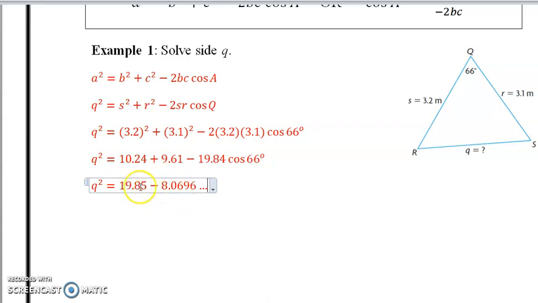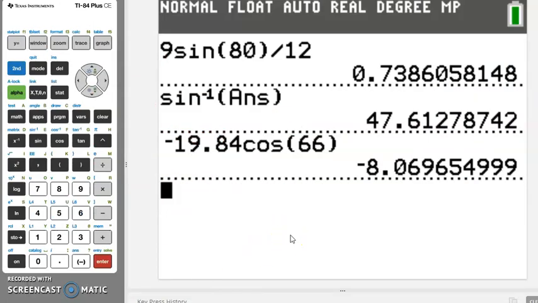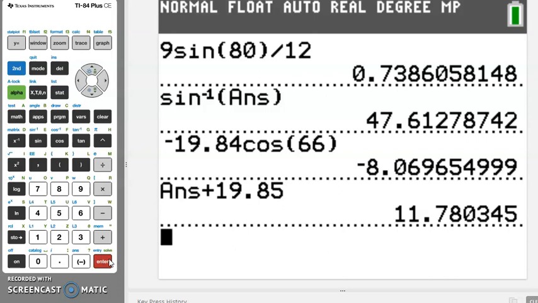Okay. We're going to add 19.85 to that. So we say plus 19.85. And we get 11.80345.